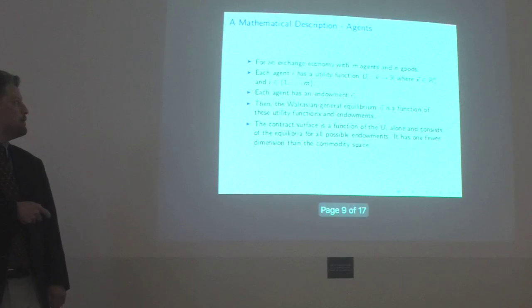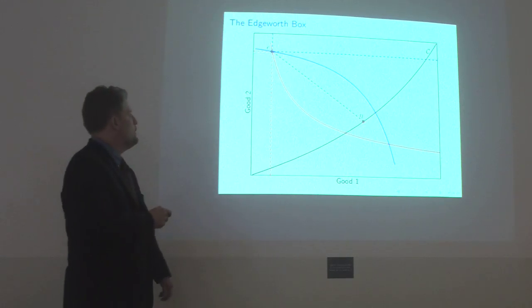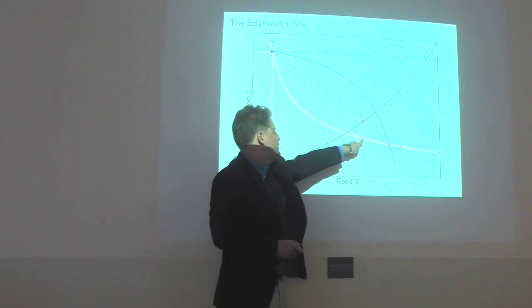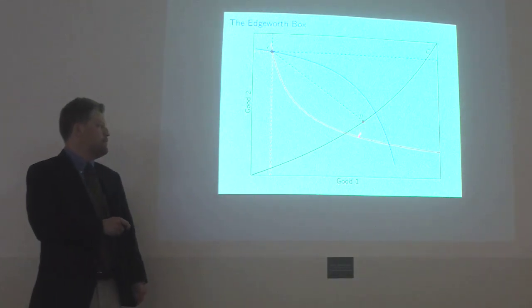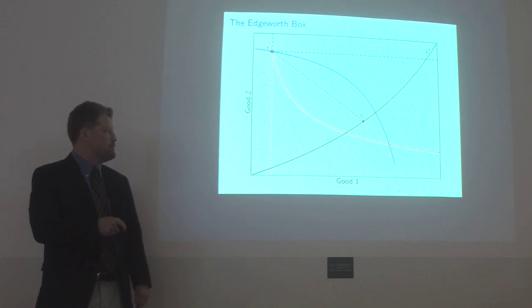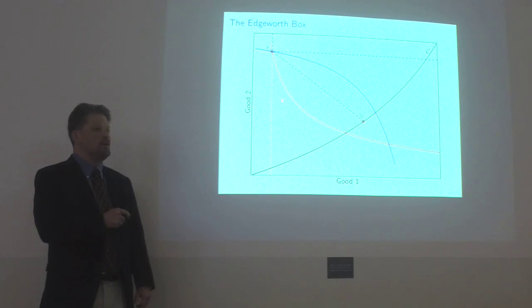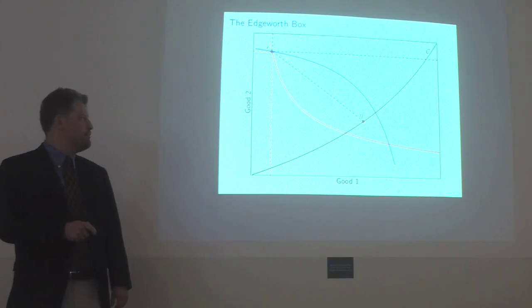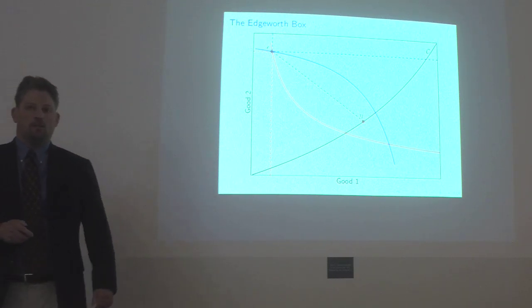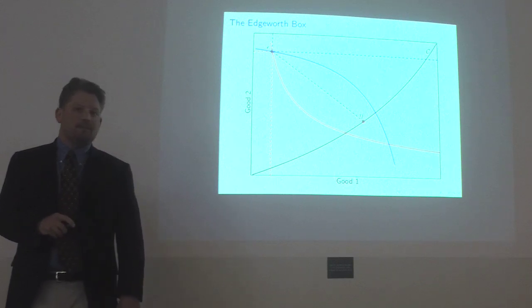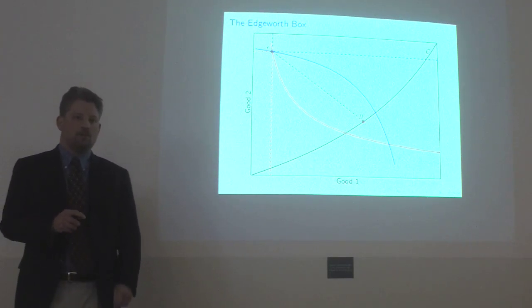So, going back to the graph, this indifference curve represents a fixed utility level for this one agent. If I ask the blue agent what bundle along the red line it likes the best, it's going to be this point right here. So we can use that fact to estimate the contract curve.